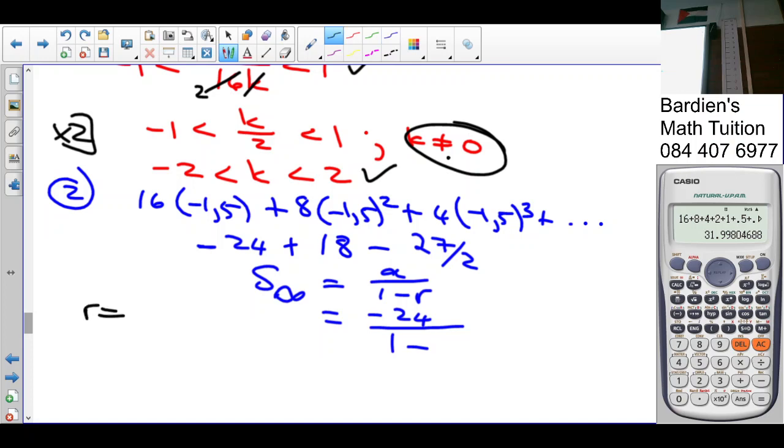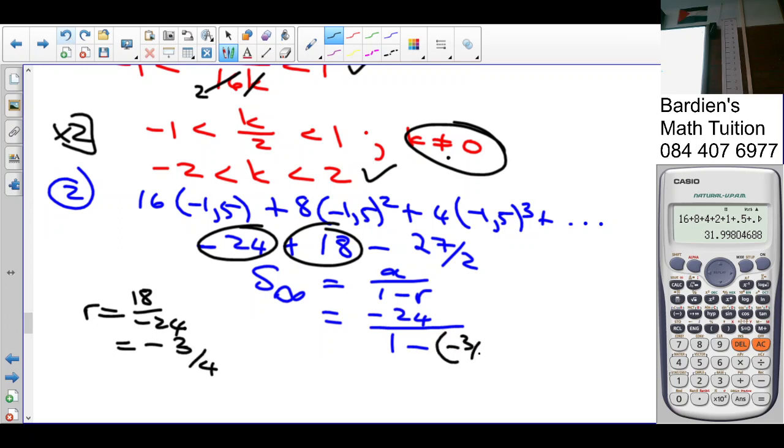Remember R is going to be T2 over T1, which is 18 over negative 24, which is negative 3 over 4. So what does that give us? I get negative 96 over 7. Is that correct? Okay. And that's our answer.